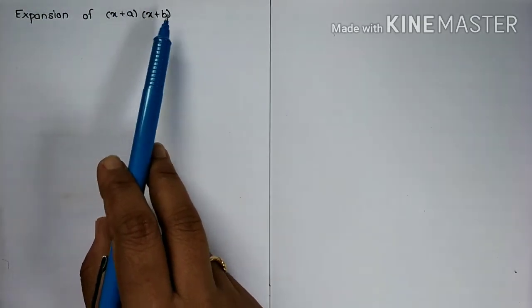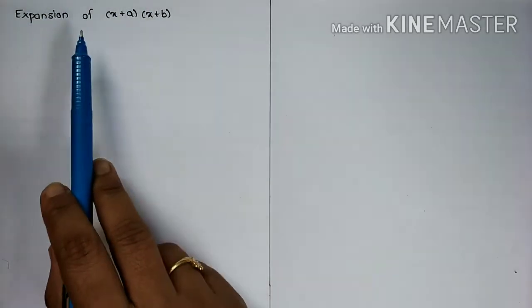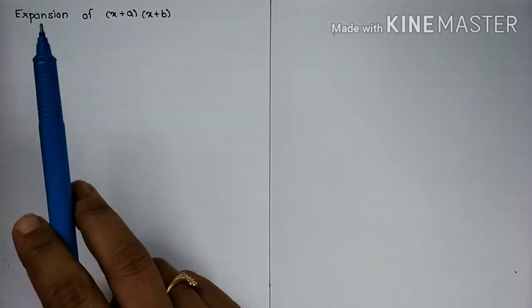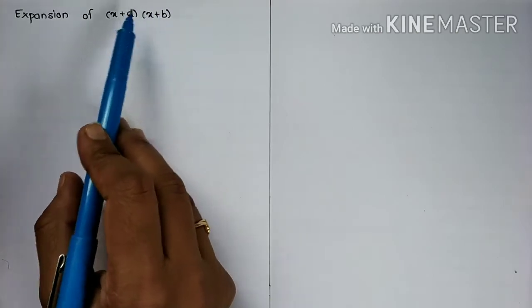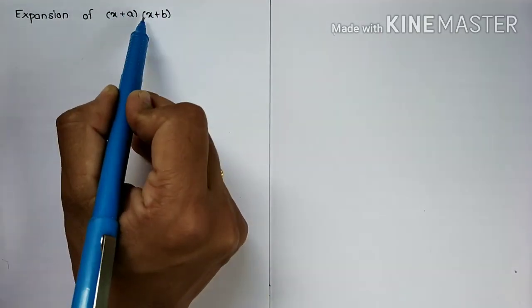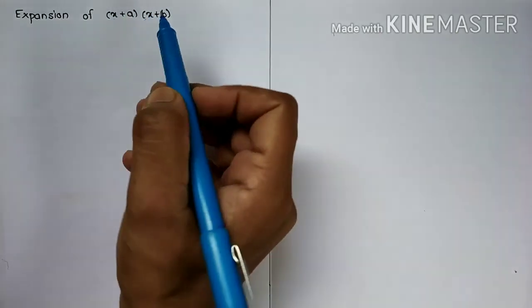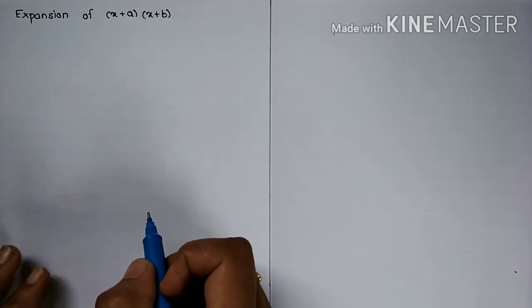x + a and x + b are binomials with one common term. In these two binomials, this term is common. Let's multiply them.